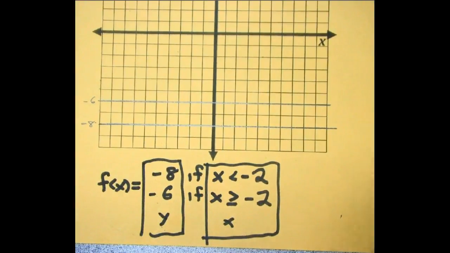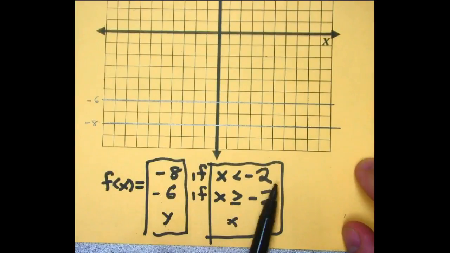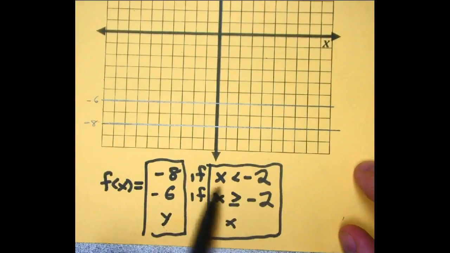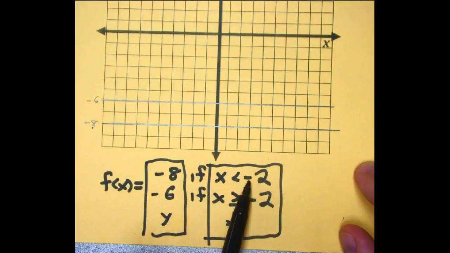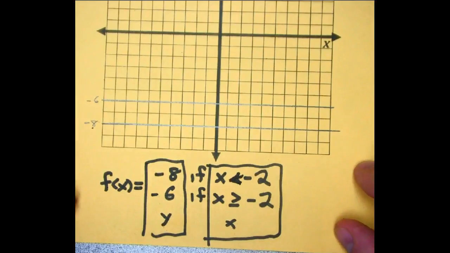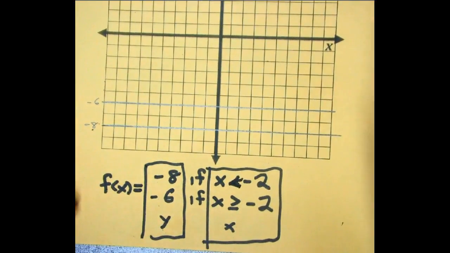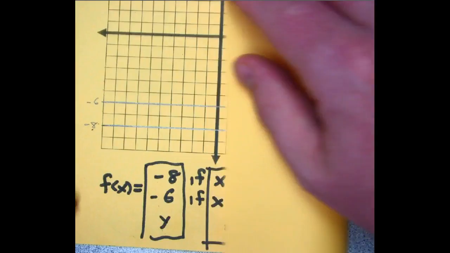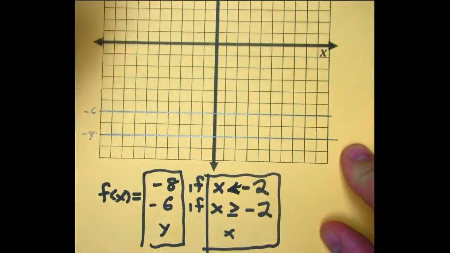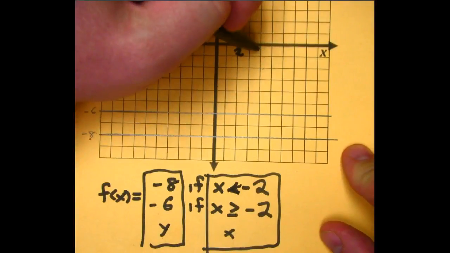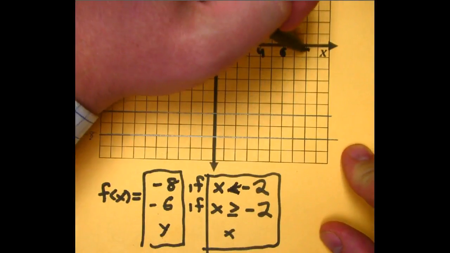We have, where does each line start and stop? So this one, the -8, it's going to start at -2 and it's going to be less than. So the trick I'm going to have you guys do is anytime you have a less than, I'm going to have you fold it over to -2. So let me label these. So this is going to be 2, 4, 6, 8.